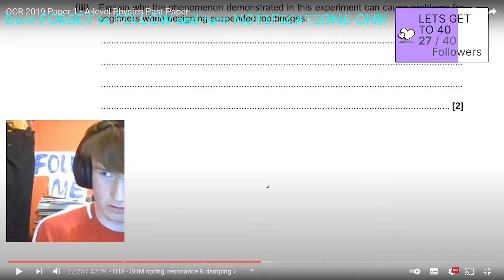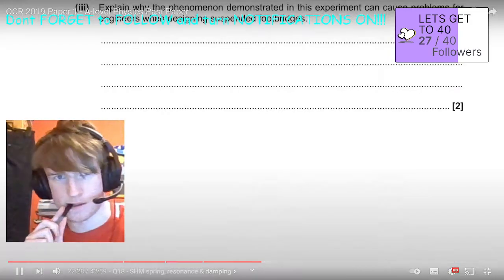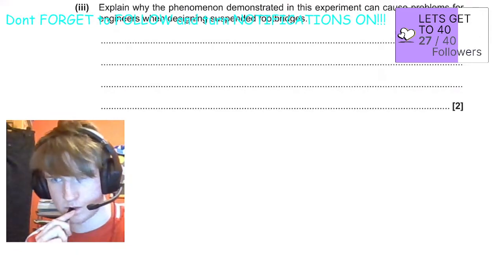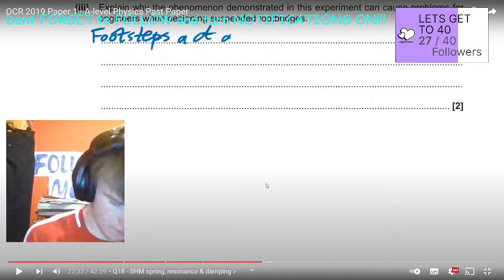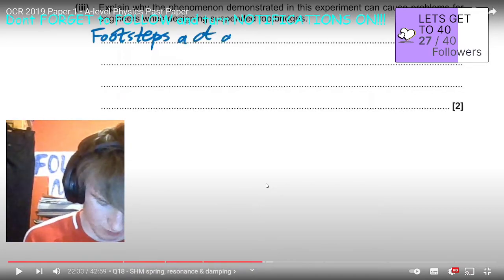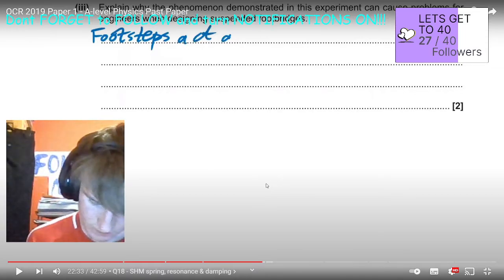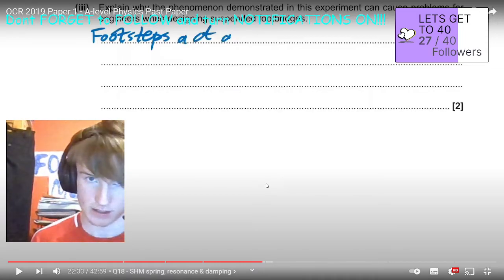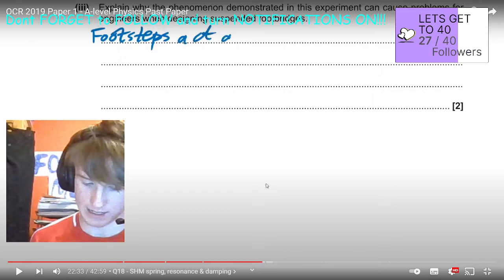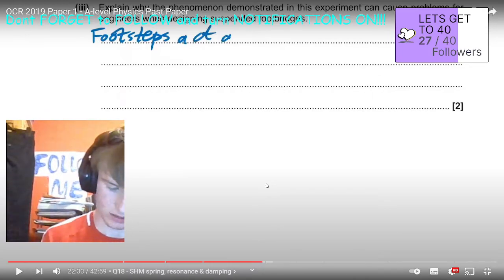He knows. Suspended footbridges. We saw this happen with the Millennium Bridge in London. Yeah, Millennium footsteps bridge. The footsteps on the bridge act as a driving force.